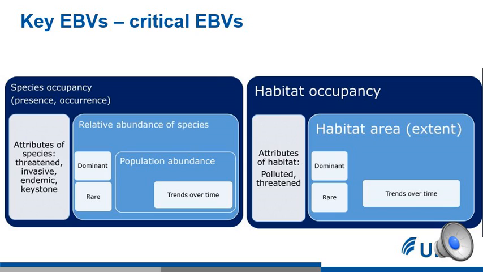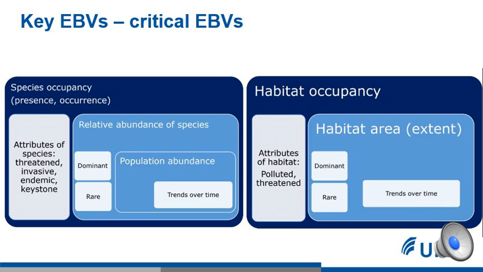I think this would be quite a bad idea for development of EBVs. But for example, we could go to critical EBVs, and this is something where we have thought about which traits are out there for which we have data, and how important would they be, and how quickly would they react to impacts from the outside. How critical would that change be?